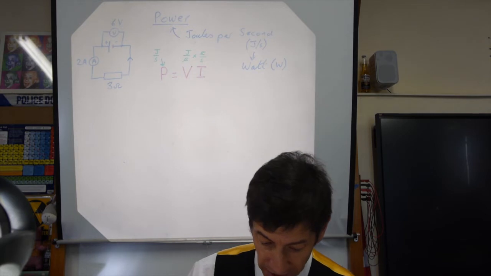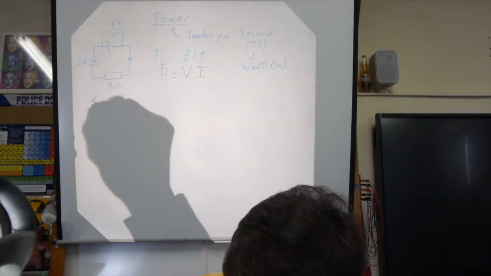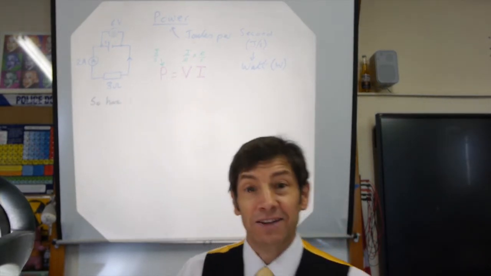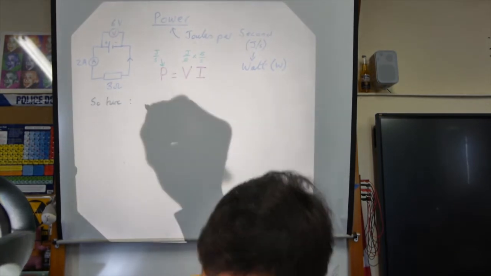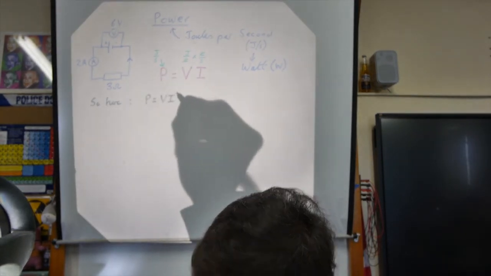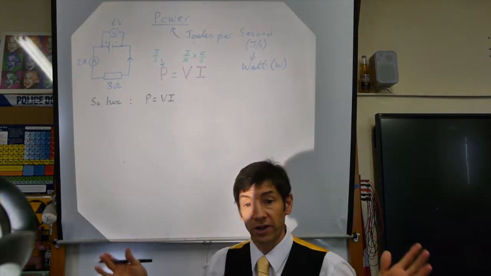So let's calculate on our circuit above what the power is. So here, this circuit, the same one we're demonstrating with every time. The power will be equal to VI, or a lot of textbooks write it as IV. They put them in alphabetical order, which is totally okay.